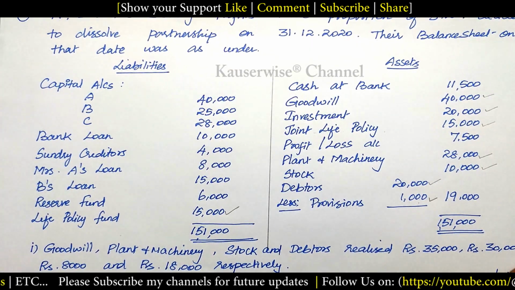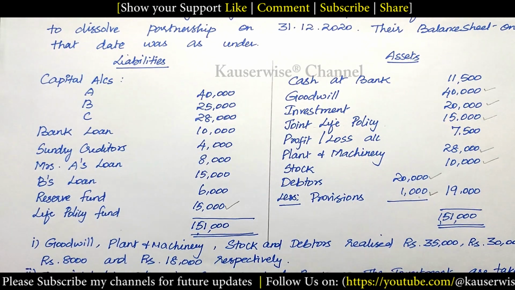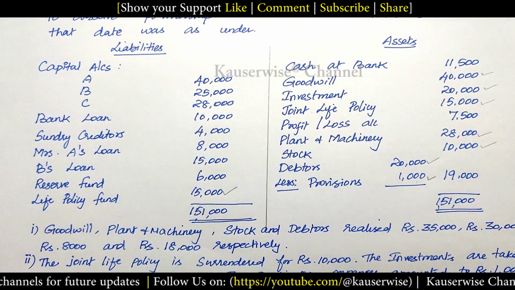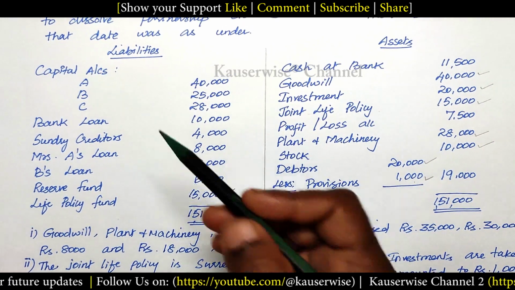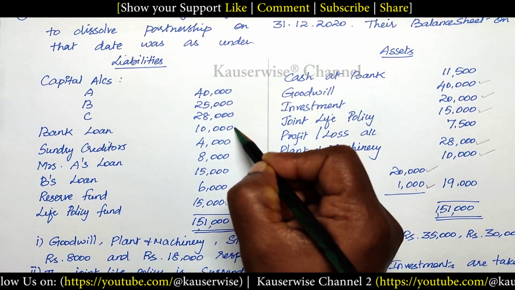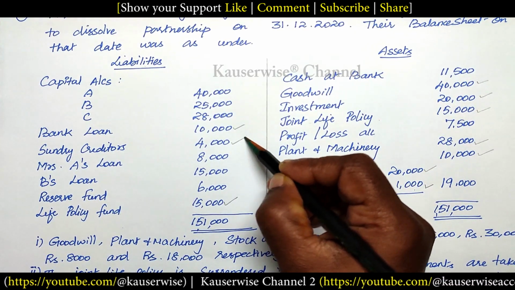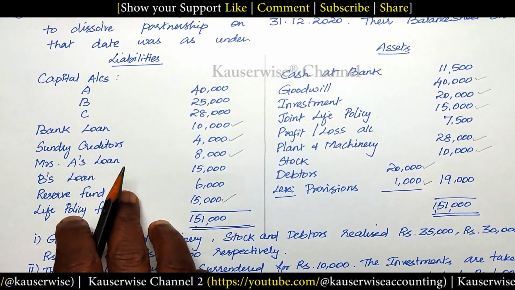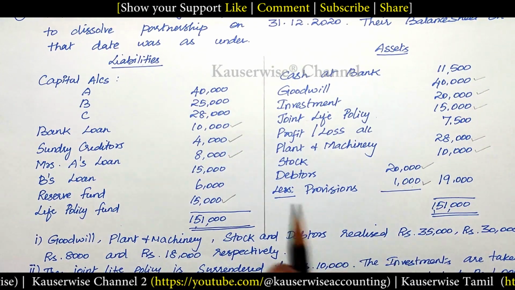The next step is, after closing all the assets and provisions, now we need to transfer all the third party liabilities. So what are the third party liabilities? See the problem under the liability side. Bank loan. This is a third party liability. Sundry creditors. Mrs. A's loan. So these are the three third party liabilities, that is, external liabilities.